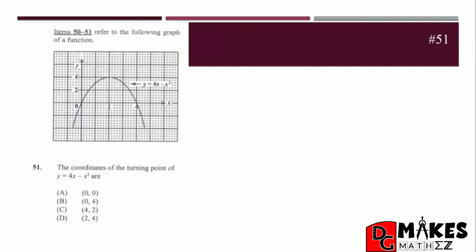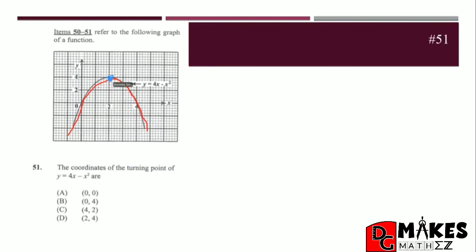And for our final question today, same graph, it says the coordinates of the turning point of this function, this curve right here. So what is the turning point? Obviously, the turning point is the point at which the graph turns, which is going to be right here.